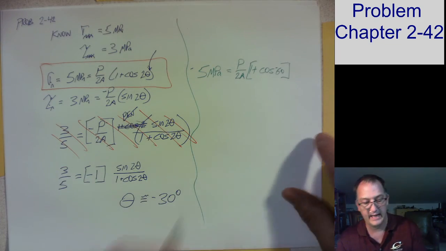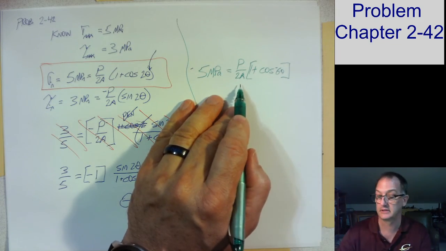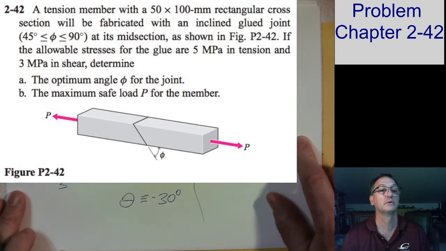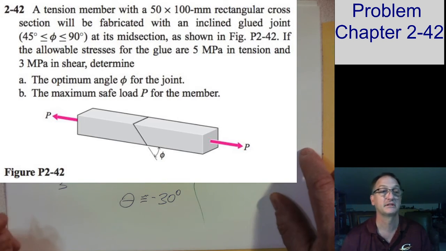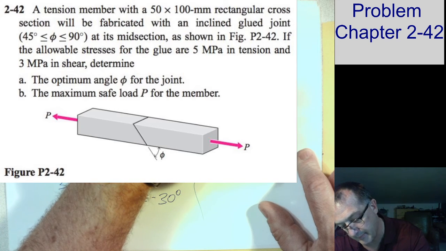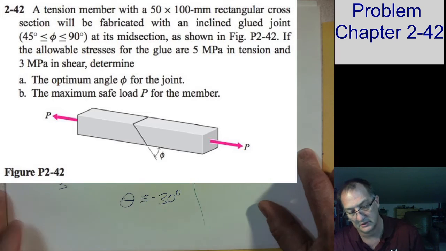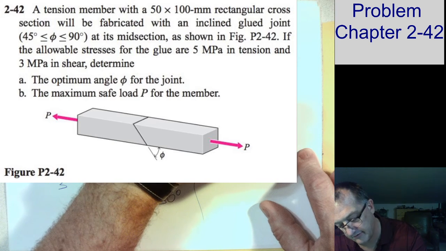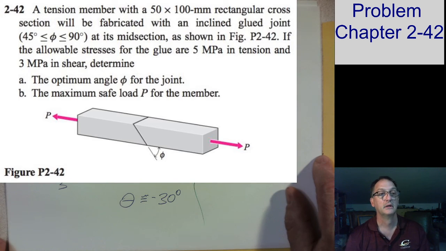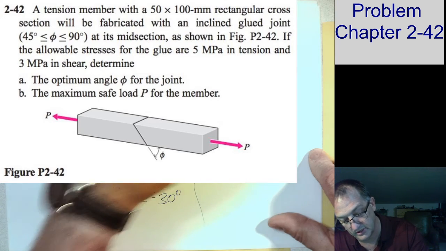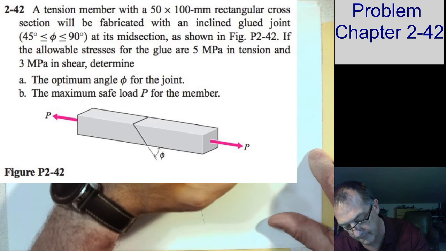All right. And they told me what A was. I didn't write it down, did I? A is equal to, I've got these dimensions at the top, 0.05 meters by 0.1 meters, equals 0.005 meters squared, right?